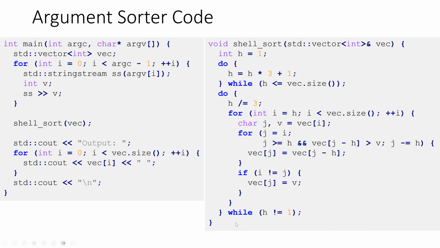It's basically two things. The code on the left is the main function. Have you ever seen argc and argv? Do you know what that is? That's how in C and C++ you get arguments from the command line. argc is the number of words typed on the command line, including the name of the program.